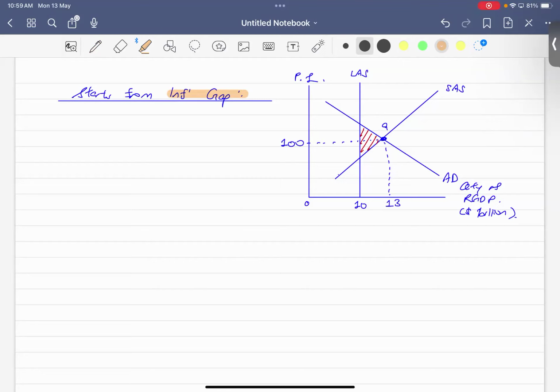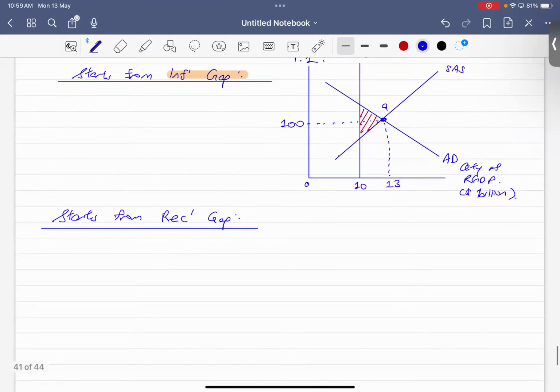So important, in exam, if you start from the wrong point, the whole thing will be gone. So if I ask you to start from recessionary gap, how to draw?